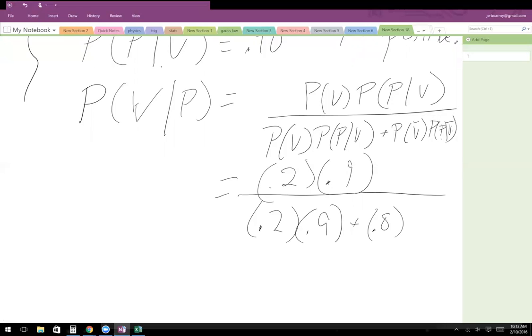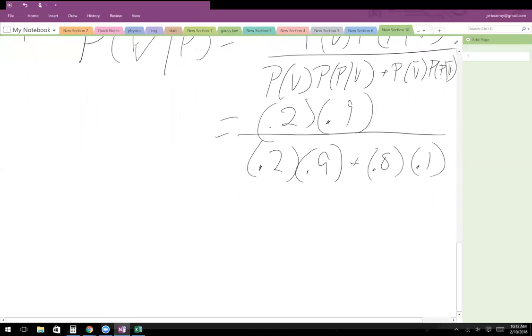So if it's correct 90% of the time, what's the probability you're going to test positive but not have the virus? 10%. Right? So just punch all that in. So that's 0.18 divided by 0.18 plus 0.08, which is 0.26.